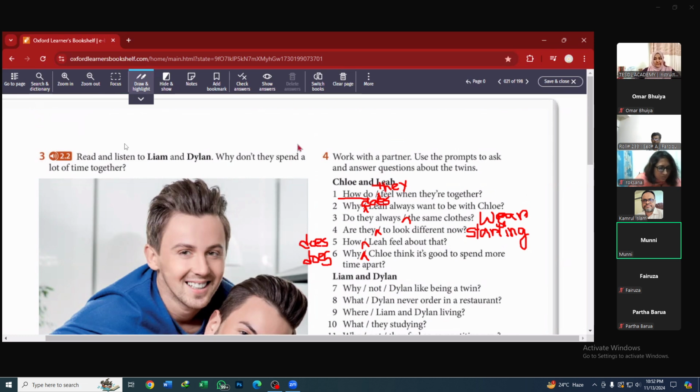But when they live together, that time they feel more brave. Excellent. That is the exact word that I wanted to hear, and that is the exact answer. They feel brave when they're together. That is exactly how they feel. Very good, Miss Munni. Okay, number two. Mr. Farooq, why does Leah always want to be with Chloe?